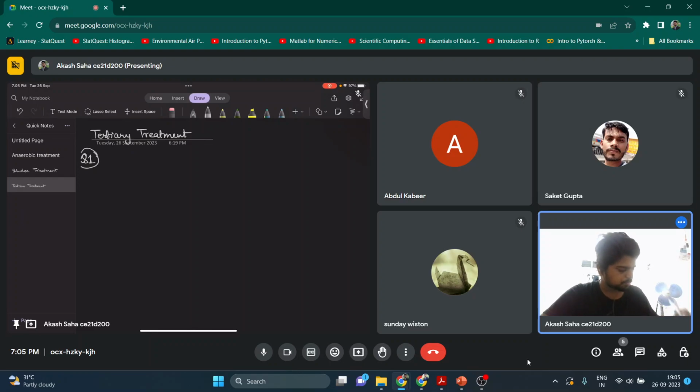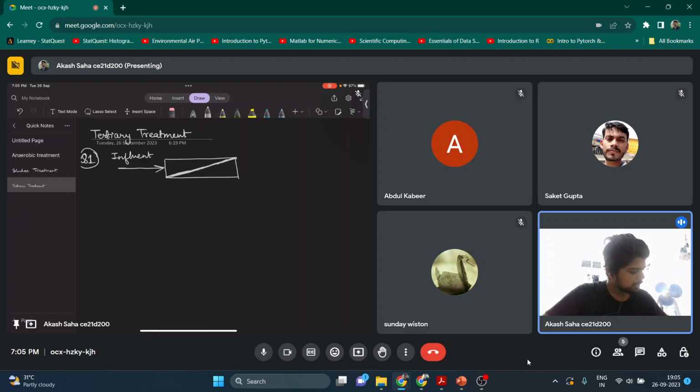Just wait. So suppose there is a membrane, and generally we show a membrane like this. Like this, the middle portion we consider as the membrane. There is one influent coming. So this is the influent, I will write influent.